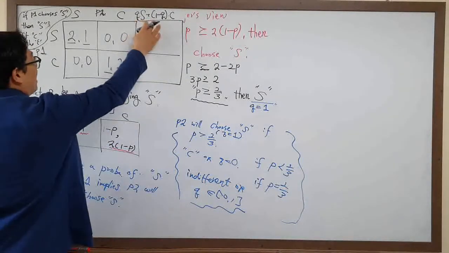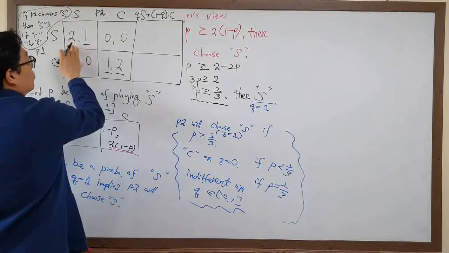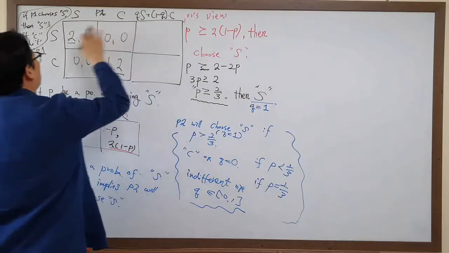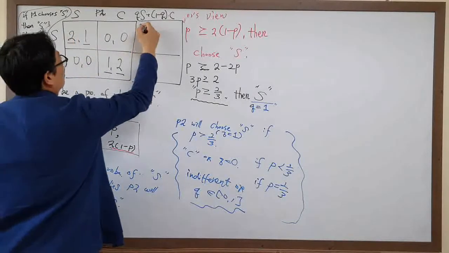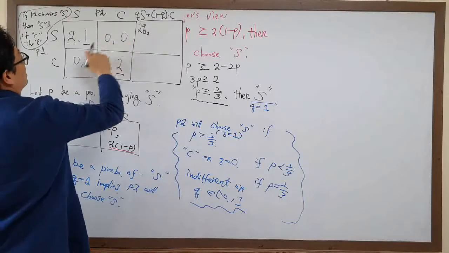If this player is mixing those two, then the expected payoff of the first player is 2Q, because times 1 minus Q, this is 0.